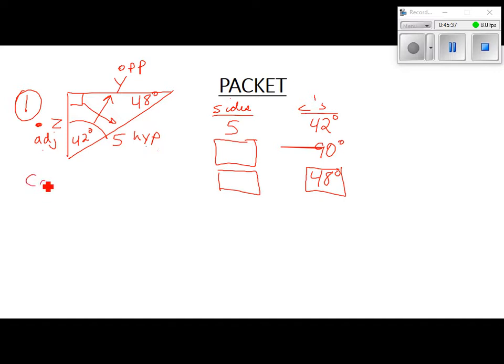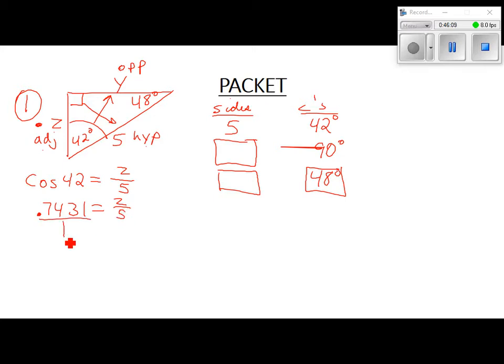So we write cosine. What's our angle this time? 42 equals Z over 5, right? Now what's the first thing we do? Find cosine of 42. What is it? 0.7431. Z over 5, put that over 1.